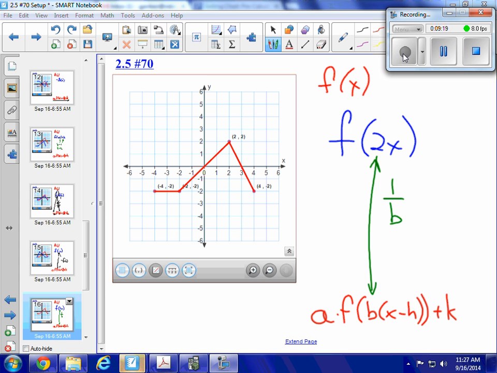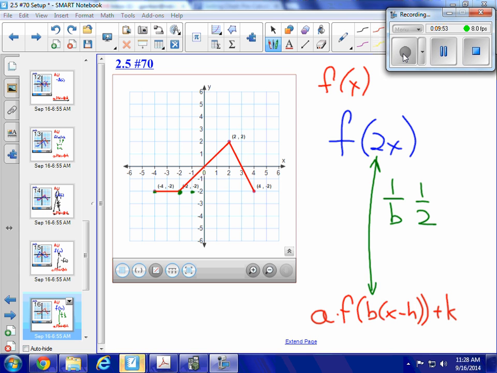So since my b is 2, 1 over 2 is what's going to happen to my x values. So wherever I have a point, I'm going to take the x value and multiply it by 1/2. So this point here, which was -4, -2, now moves in here to -2, -2. The point that was -2, -2 moves in to -1, -2.